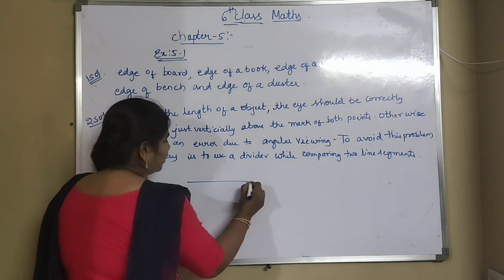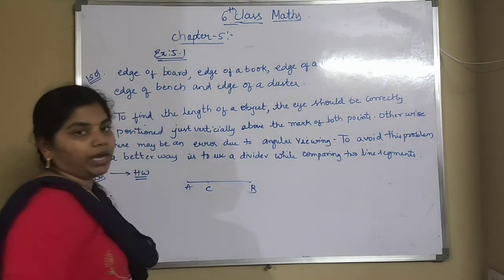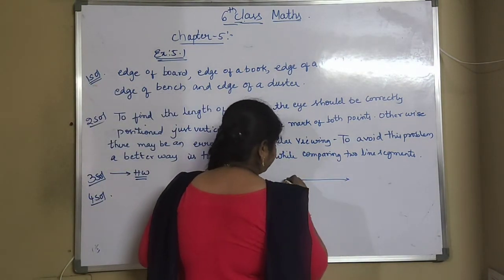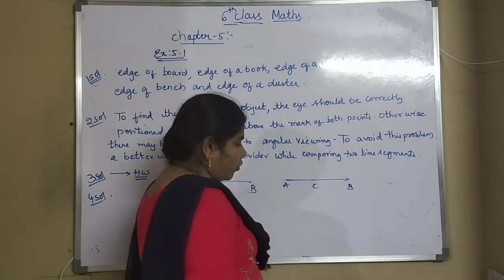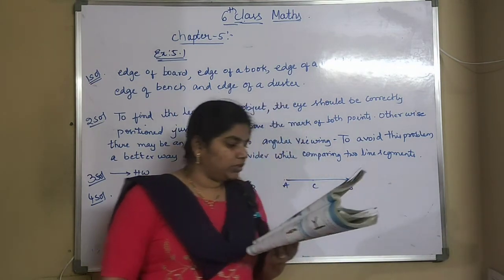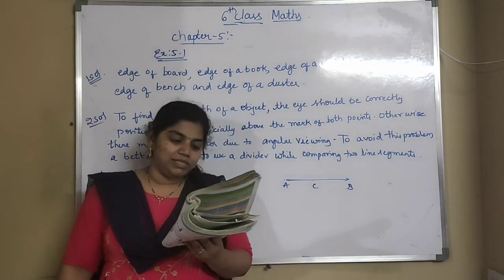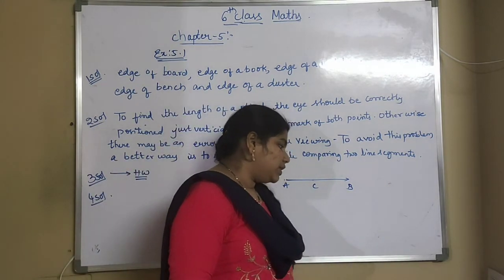Sweta has located in this form, and Reshma has located in this form. What is the question there? Which one do you feel is correct? Measure the length of AC and CB and verify. So we have to tell which one is correct.